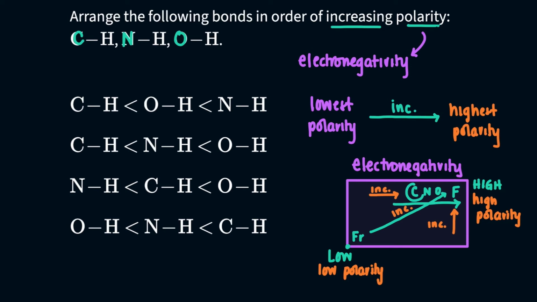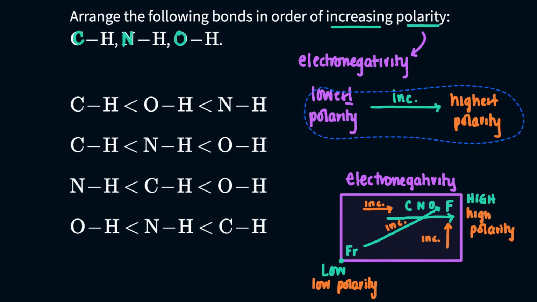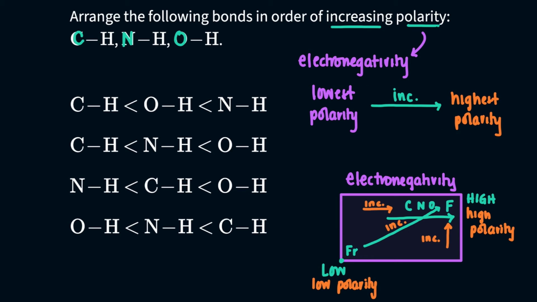So carbon would be the lowest electronegativity. Then comes nitrogen, then comes oxygen, and then comes fluorine. Same thing with the polarity. If carbon has the lowest electronegative value, that means that in the bond, it would have the lowest polarity.